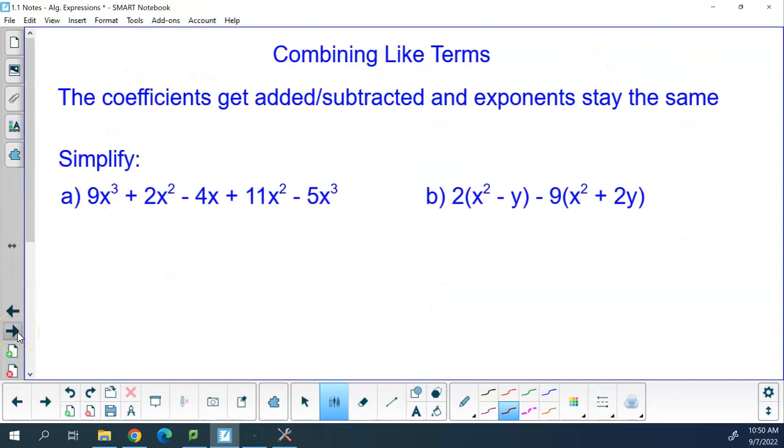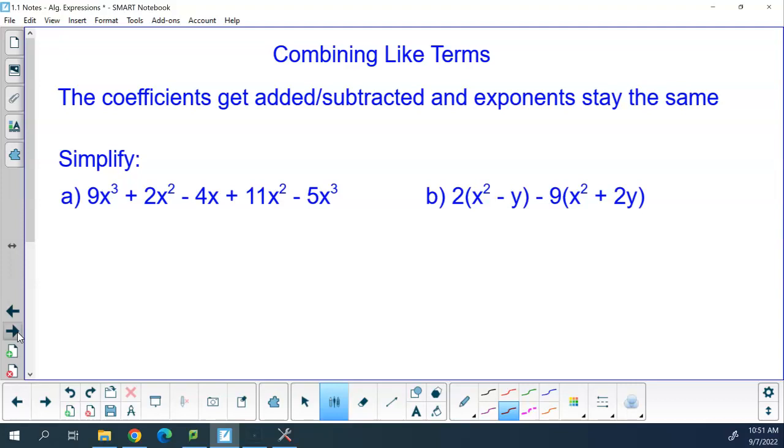One last slide. Okay. Combining like terms. Remember that if we are combining like terms, the first thing we have to do is simplify as far as we can go. Meaning all of our distributives have happened, all of our exponents have happened, all of that stuff has happened first.